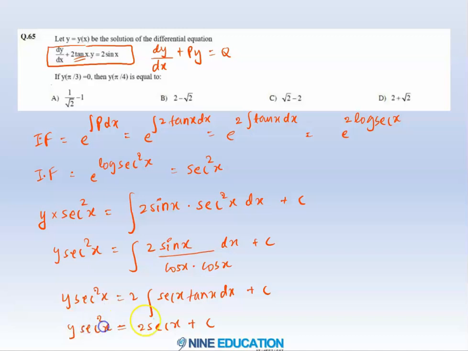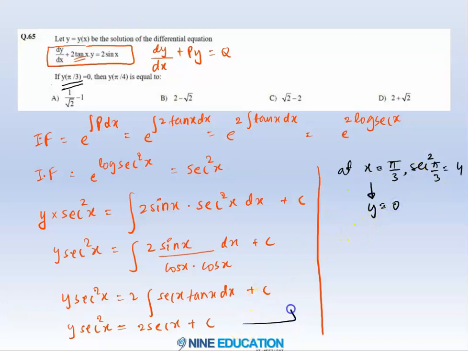Now we just need to find out the constant c by using the data given, y pi by 3 equal to 0. So at x is equal to pi by 3, which is basically 60 degree, secant value will be 2. So secant square pi by 3 is basically 4. So I can write this as, and y value is 0. So at x equal to pi by 3 we are having y is equal to 0 also.